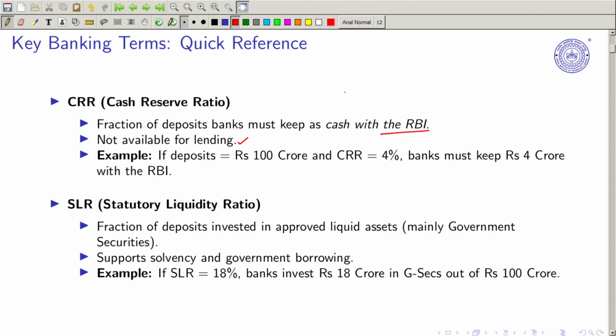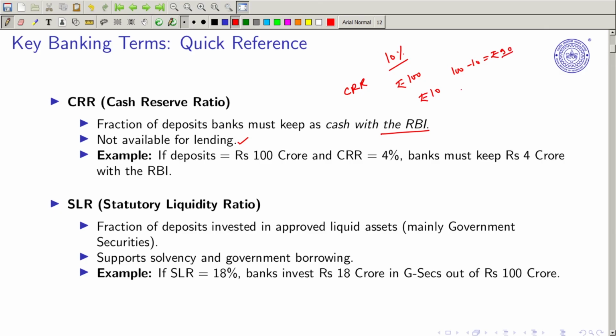Imagine the CRR is higher. Suppose at this time the CRR is 10%. I deposited 100 in the bank, it means that the bank will have to keep 10 rupees as reserves, and it is not available for lending. So 100 minus 10, 90 rupees they have for lending.